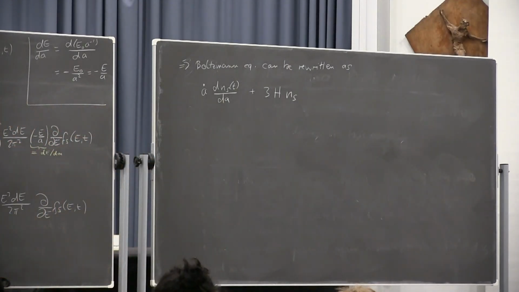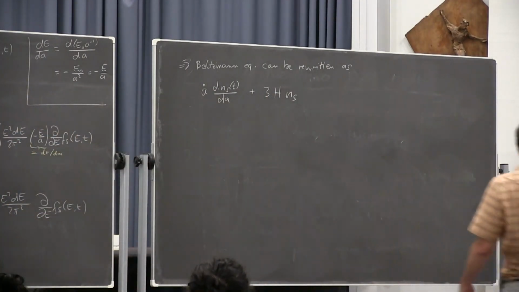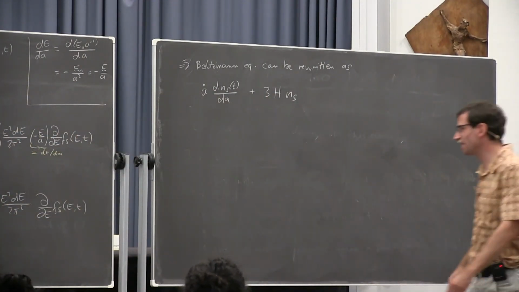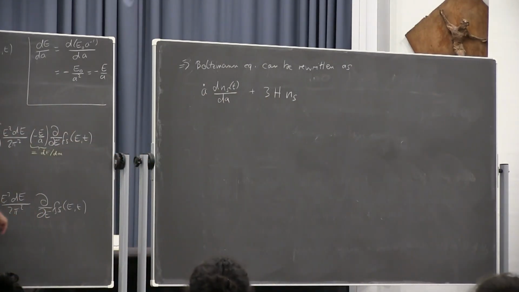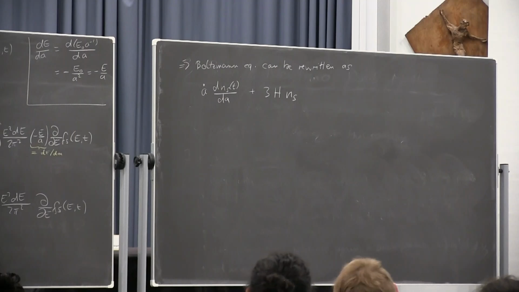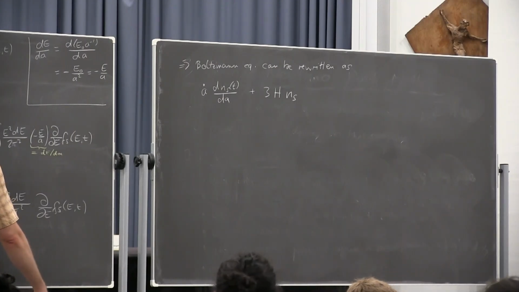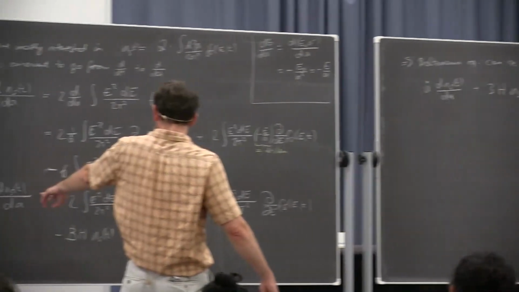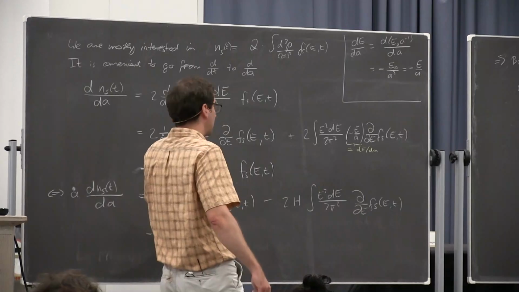So let's see, we take from over here this d over dt minus he d over de. That's exactly the integrands of the first two terms here, so of this term and this term. So the only thing I need to compensate for is this minus 3h ns here.